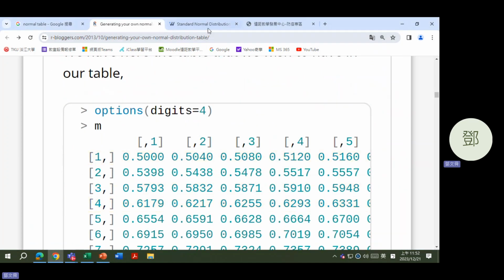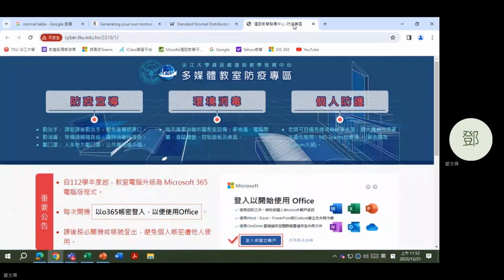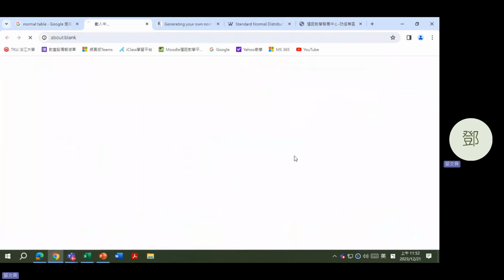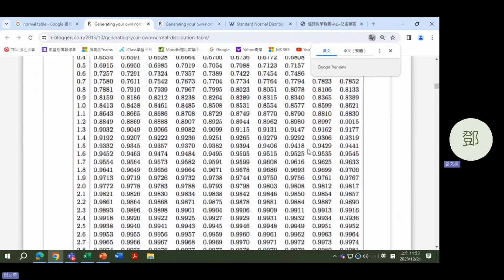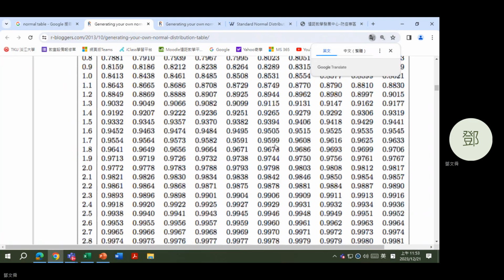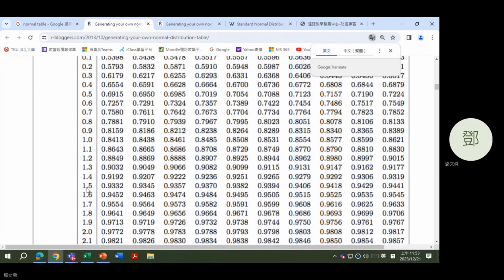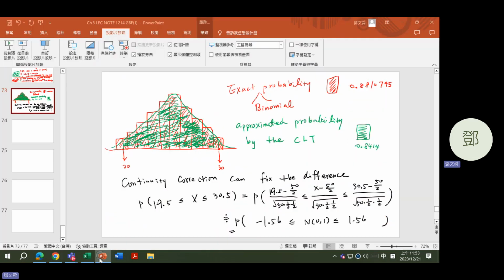Yeah, 1.56. 1, 2, 0, 1, 2, 3, 4, 5, 6. This one. 156. This one. 9406. Here, 9406. So it is 9406.